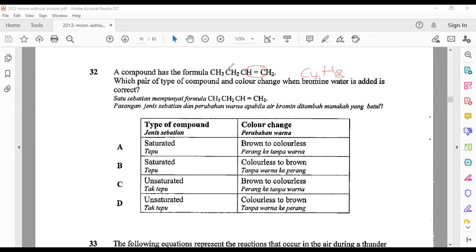Now, if I were to draw this out, I am starting with the CH3 first, next will be the CH2, after the CH2 you put the CH, then double bond, CH2. It is the same as how you draw the isomers for this. And what is the name? 4 carbon atoms.